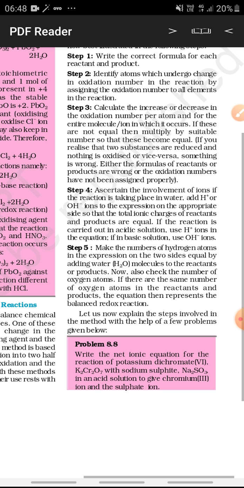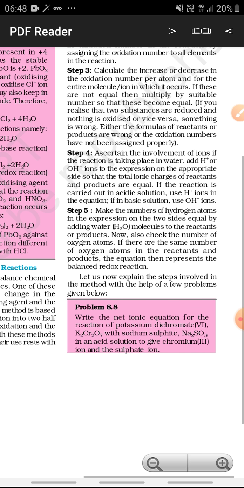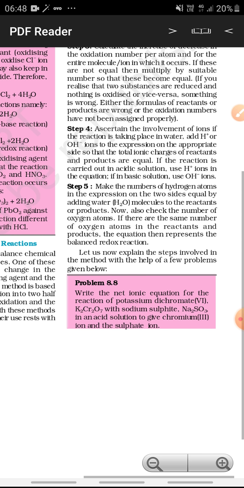If the number of electrons transferred are not equal, then we multiply a particular reactant with a particular number to make the number of electrons transferred equal. In the fourth step, if the reaction is taking place in water, we add the hydrogen ion or OH negative ion to the side in which they are deficient.